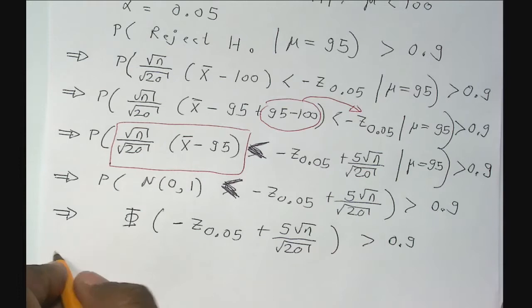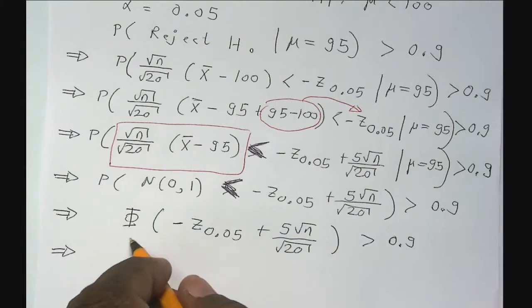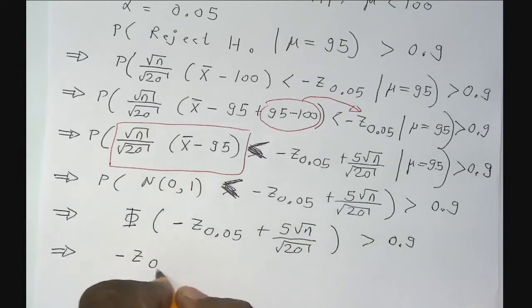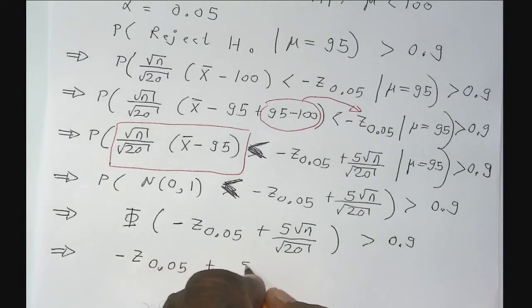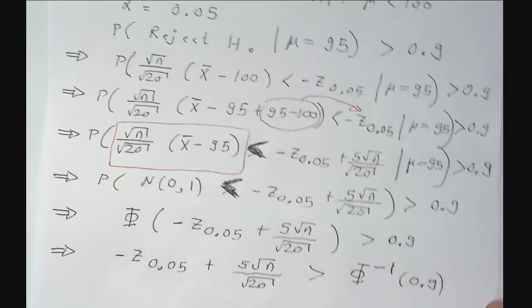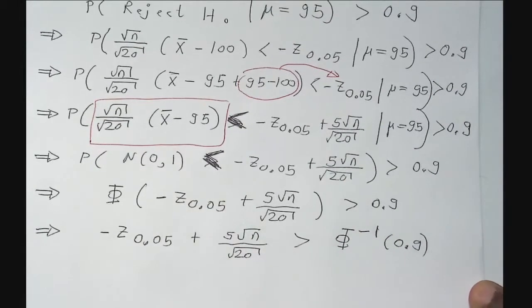So the first thing you must do is to apply the inverse of the function phi to both sides. You see what I've done? I have applied the inverse of the phi function to both sides. So you get this. Okay?